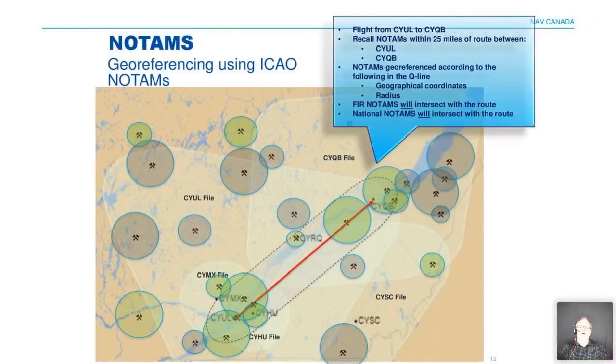With ICAO NOTAM, we now use, or I should say the world is using, ICAO NOTAMs, which are based on georeferencing. Every NOTAM is given a geographic coordinate of a center and another number which determines what's called an area of influence or radius around the NOTAM. So basically, it's kind of a reflection of how important this NOTAM is.